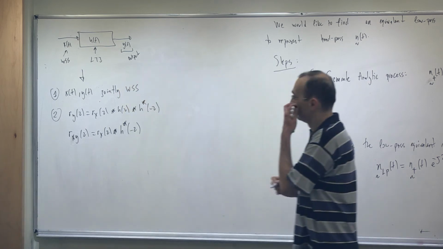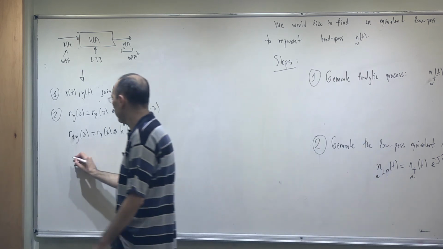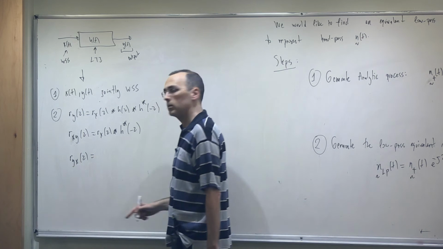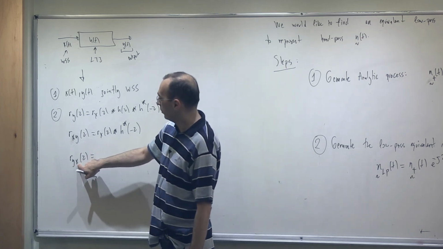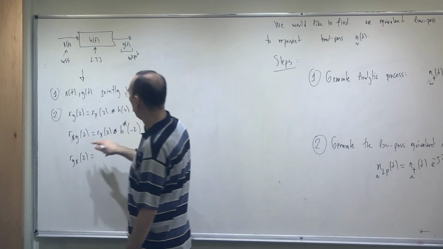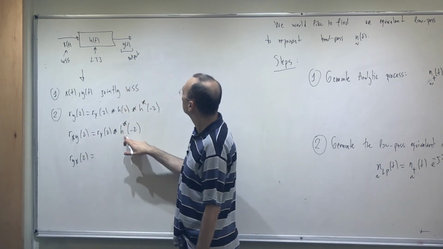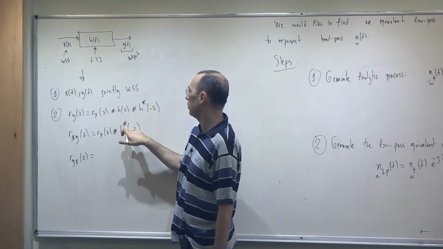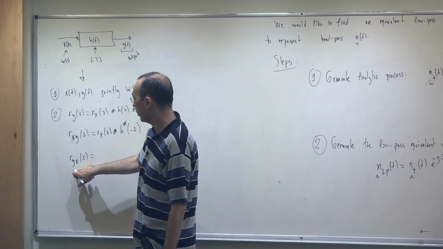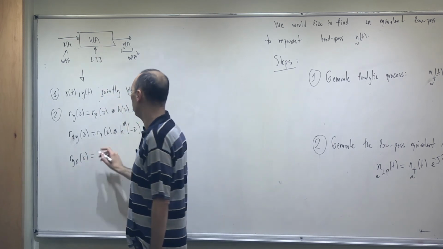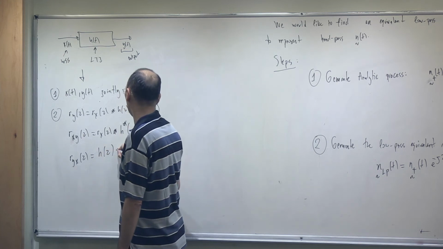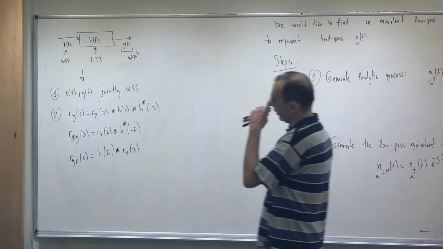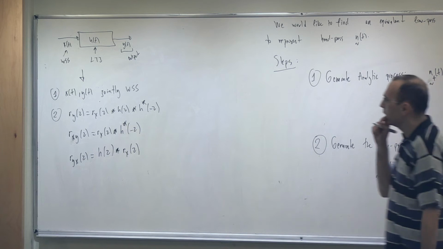I can also write it differently, R_yx of tau. The conjugate is on the second one. Now you can see that y is conjugated over here. Since y is the processed version of x, it contains h, so clearly there is a conjugation over h for this one. Now there won't be any conjugation over h because y is the first variable. So this would be like h of tau convolved with R_x of tau. Of course, there are some minor differences, but that's it.